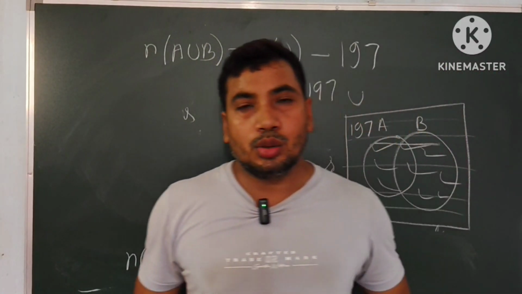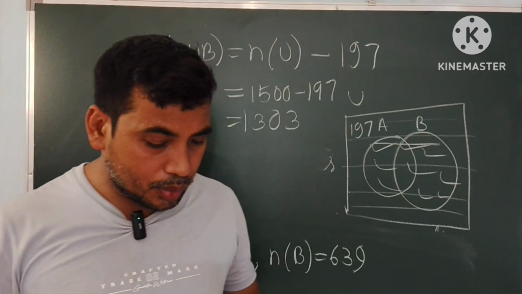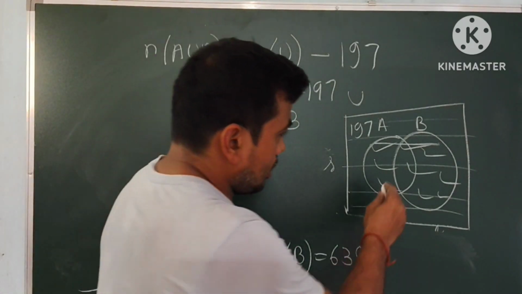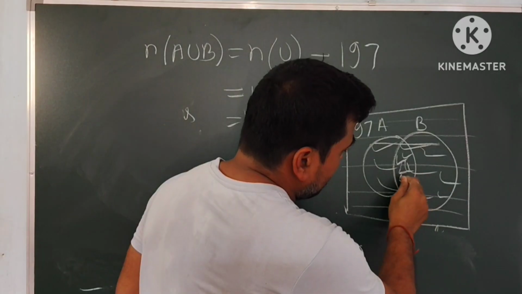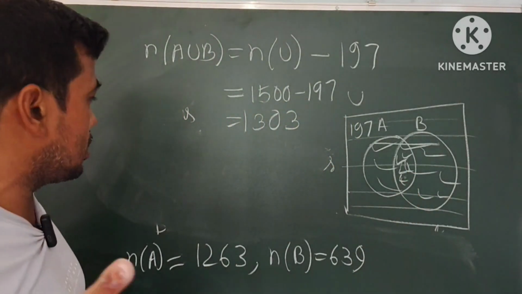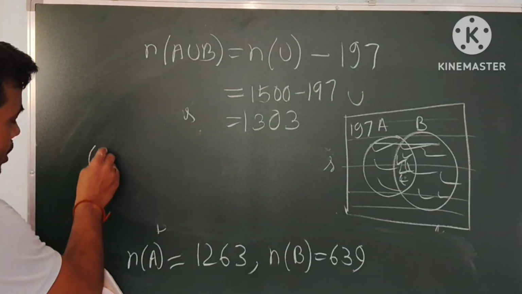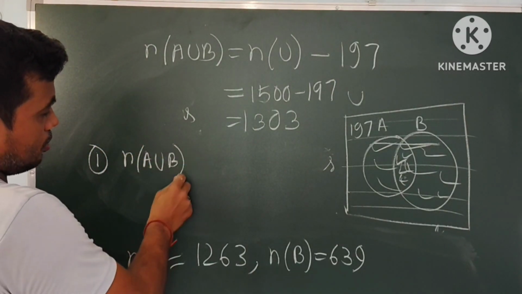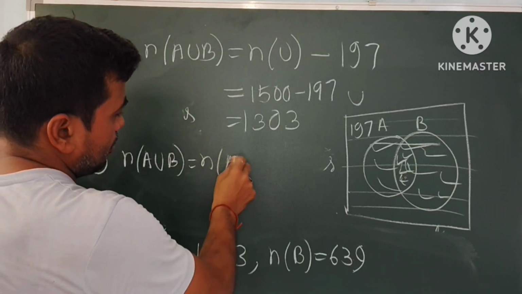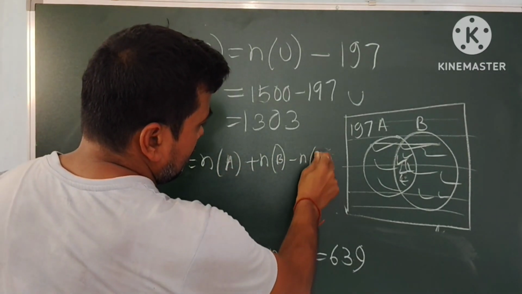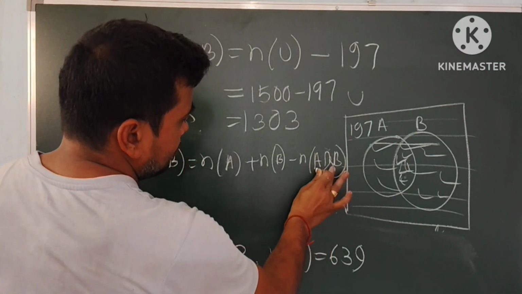Okay, now see what we have to find. We have to find the number of families who have both TV and radio. That means we have to find the number of elements in this part, and this is n(A intersection B). Okay, so first we write: we know n(A union B) is equal to n(A) plus n(B) minus n(A intersection B).